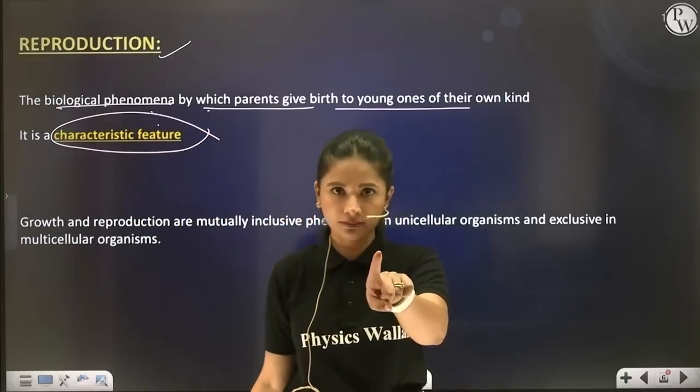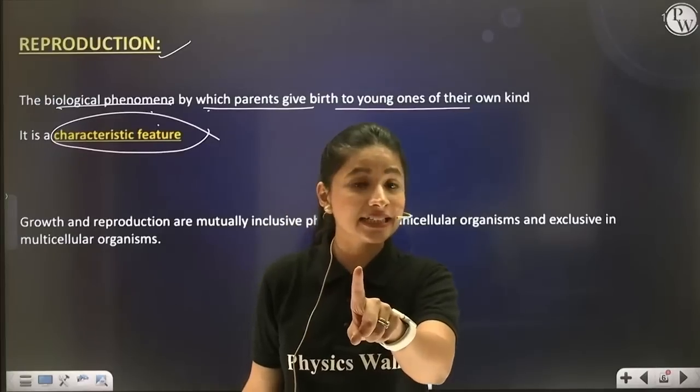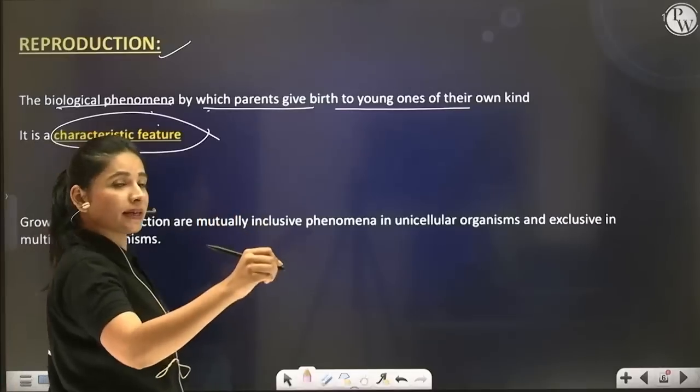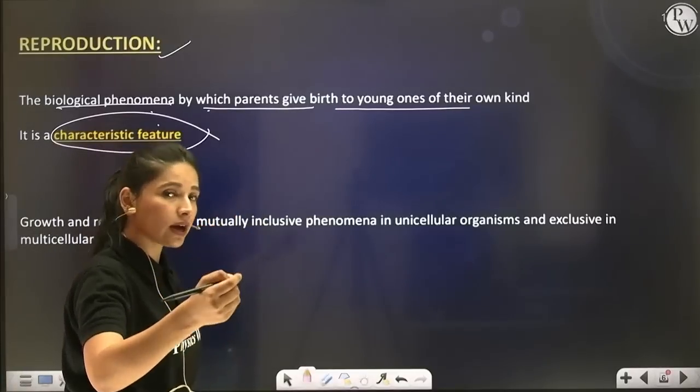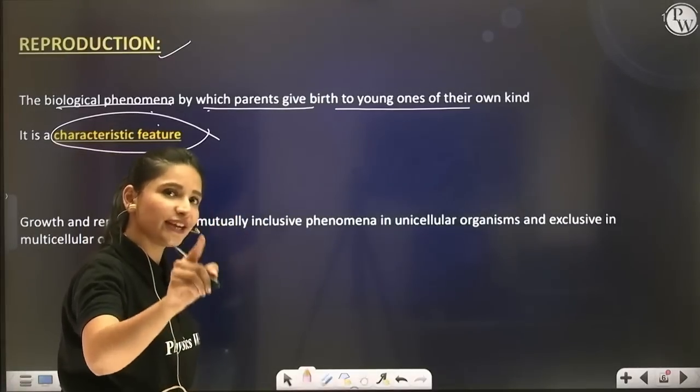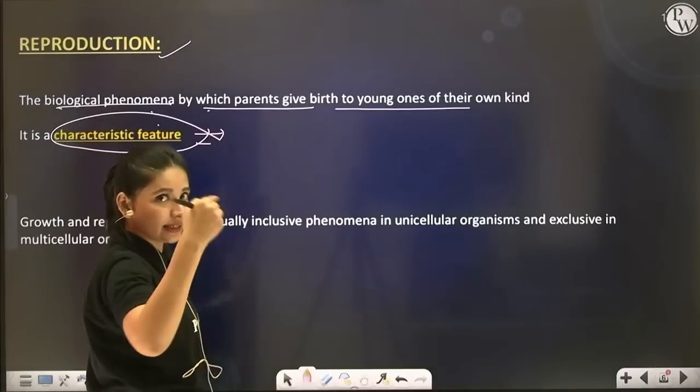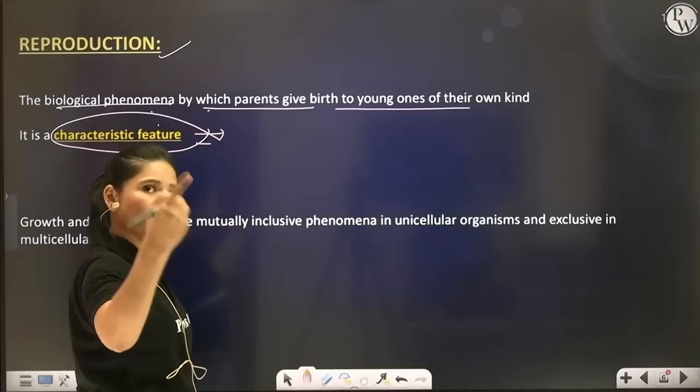You already know. Yes or no? Why is it a characteristic feature? Because it is exhibited by living organisms but with few exceptions. So let me write the reason, till the time you revise in your own mind.